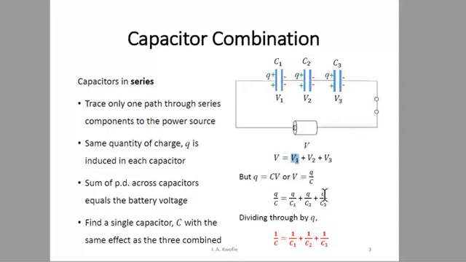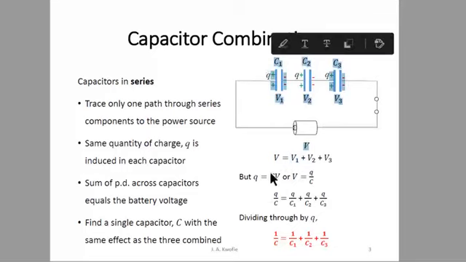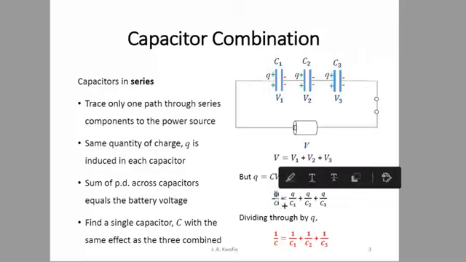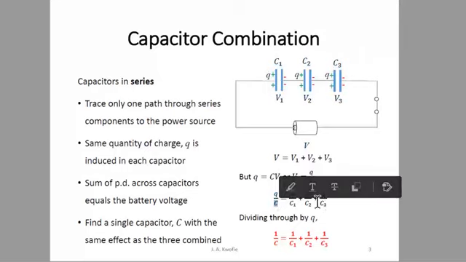So all along we have the charge being equal. What it means is that if we replace this whole thing with a single capacitor, that single capacitor will also have a charge of Q, the same as the smaller capacitors that were there before.